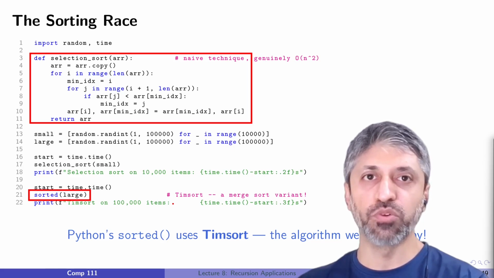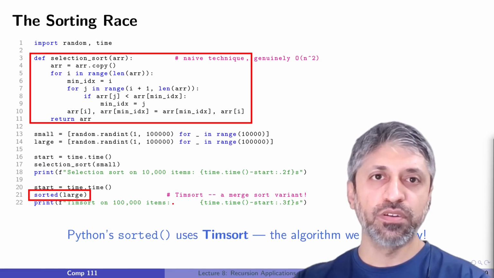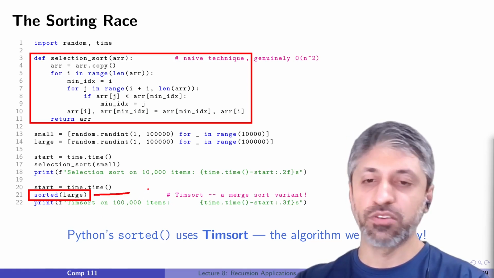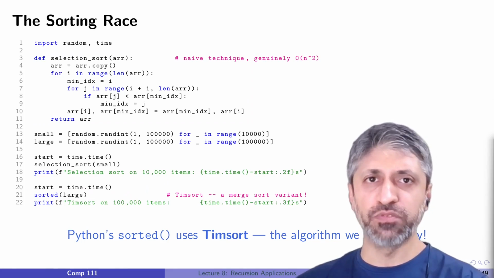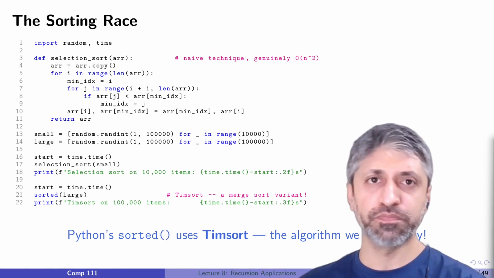That's 10 times more data in a fraction of the time. The fun part is that Python's sorted function is implemented using something called Timsort, which is essentially a variant of the merge sort that we will be building in this lecture.